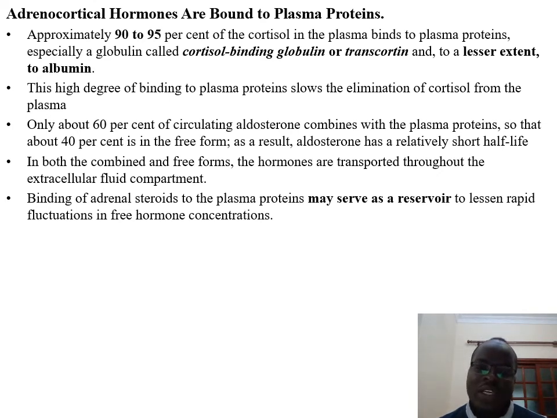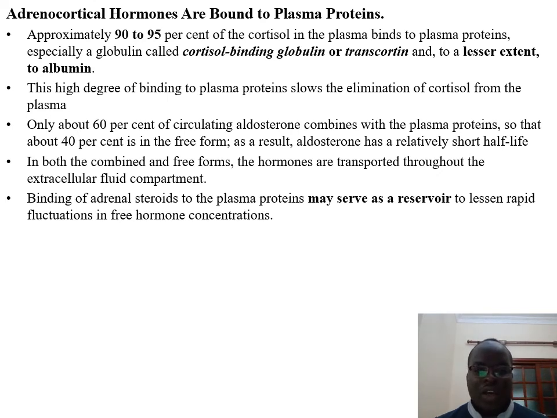The 40% will just exist as free form. So the free form of aldosterone can easily be used up by the tissues. Then the 60% will be slowly used up by the tissues. It will be released by the plasma proteins to the tissues. So the half-life for aldosterone is short as compared to that of glucocorticoids like cortisol.